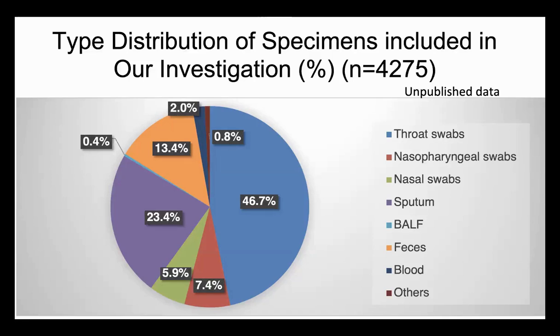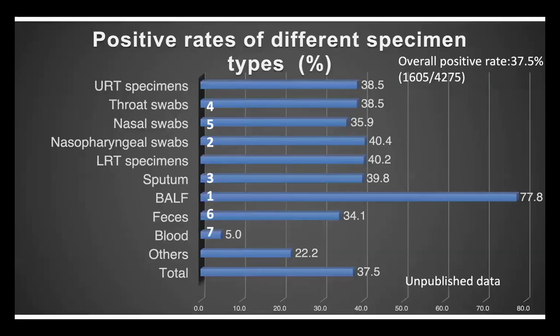Nasopharyngeal swabs were only 7.4%. Nasal swabs were 5.9%. And very few specimens include 2% blood and 0.4% BAF. So the results for these two are not very accurate, actually.